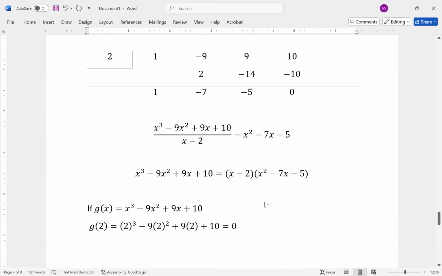So we say that this polynomial factors into x minus 2 times x squared minus 7x minus 5. Another way to phrase that is that x minus 2 is a factor of this cubic polynomial x to the third minus 9x squared plus 9x plus 10.